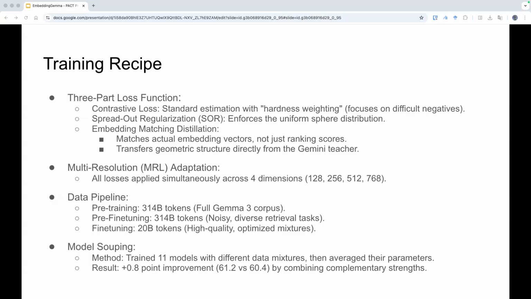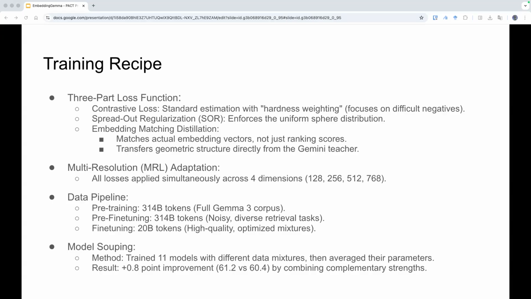Gemini behaves like a teacher model, and its geometric structure is transferred.